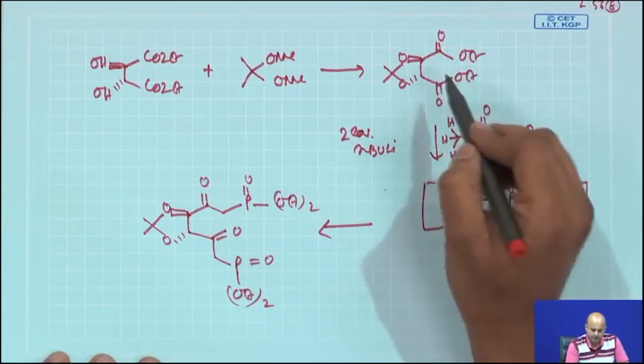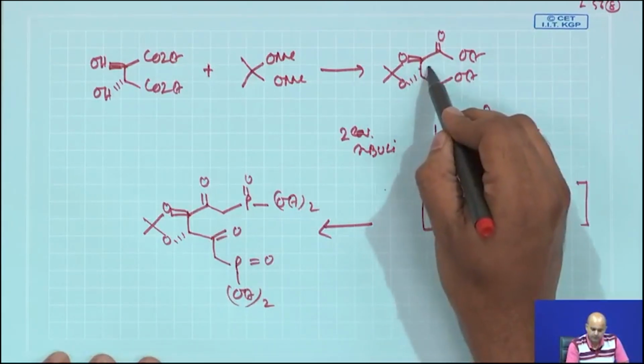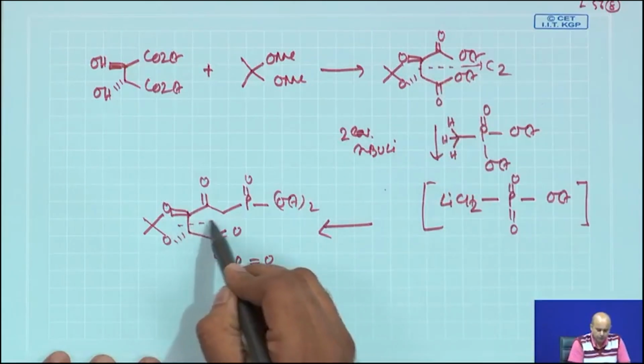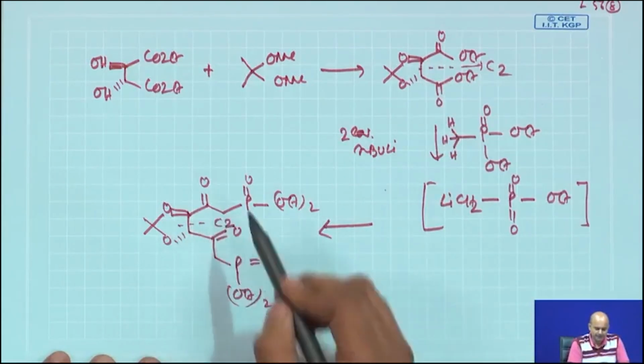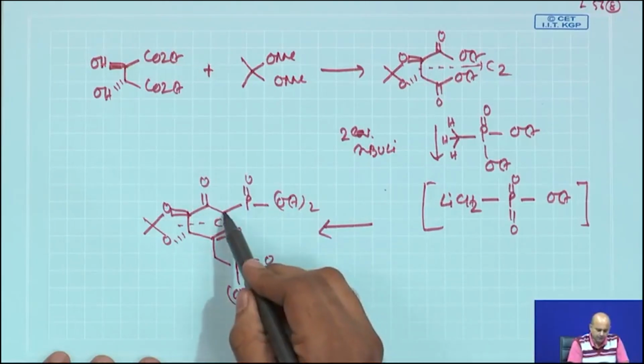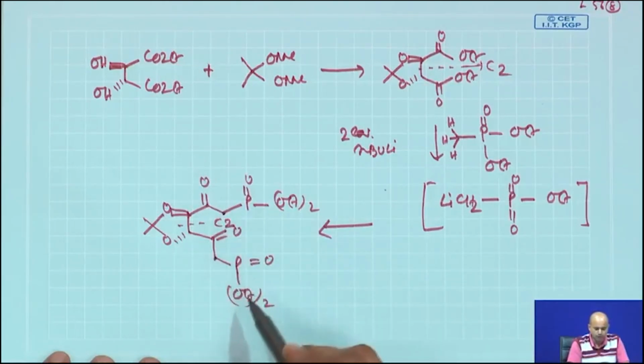Now, the C2 symmetry remains unchanged, this is also C2. This C2 means that this half and this half are homotopic, or this CH2 and this CH2 are homotopic.